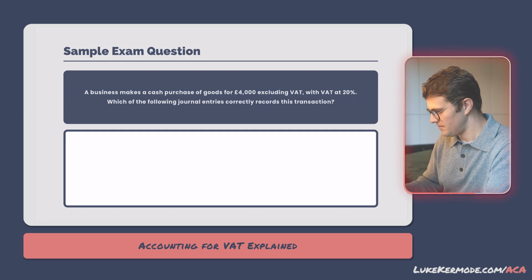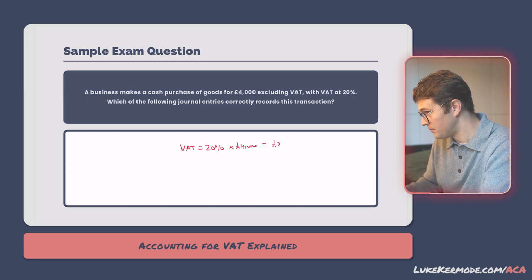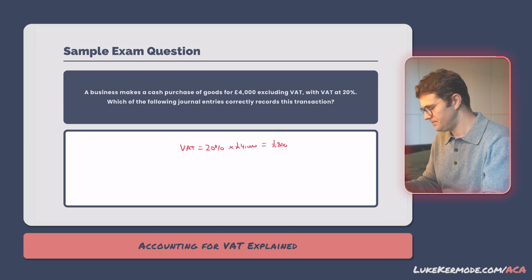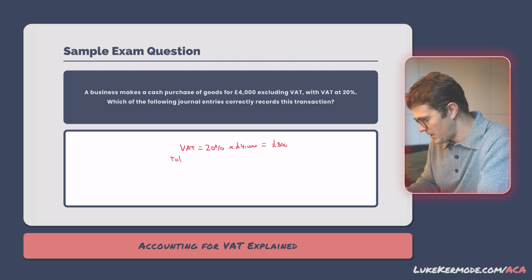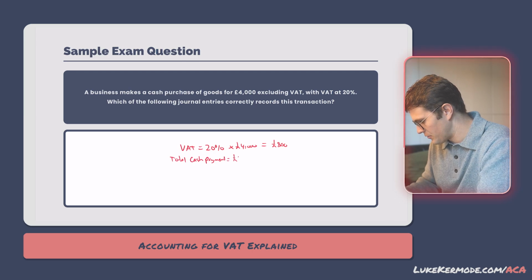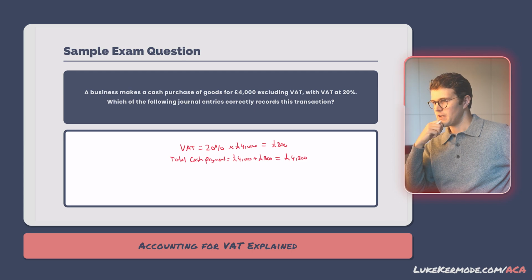So 20% of £4,000 equals £800. That's our VAT. And that brings our total cash payment made for the purchase equal to 4,000 plus 800, £4,800.